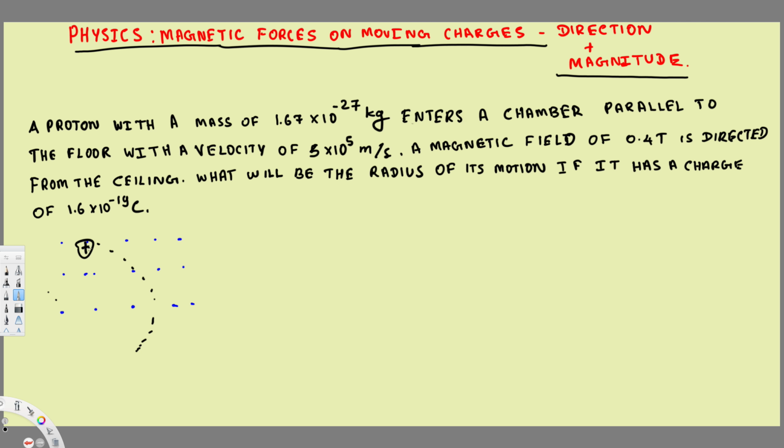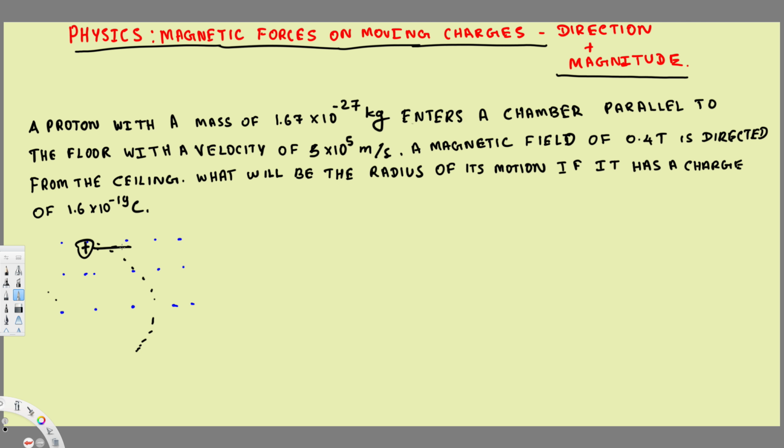And if you use the right hand rule, right? The direction of the magnetic field is outside, and this charge is positive, so you have to use your right hand. Direct your right hand toward the direction this charge is actually going, parallel to the floor.